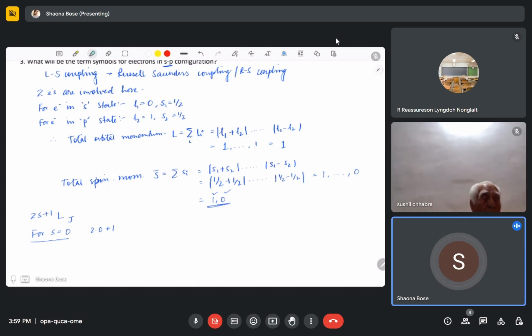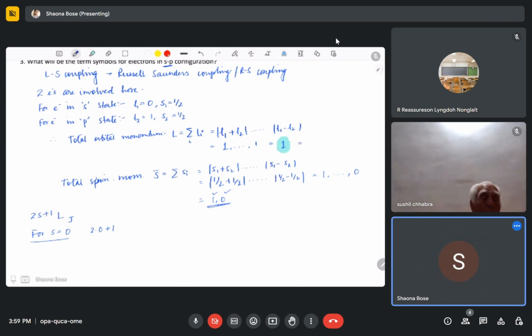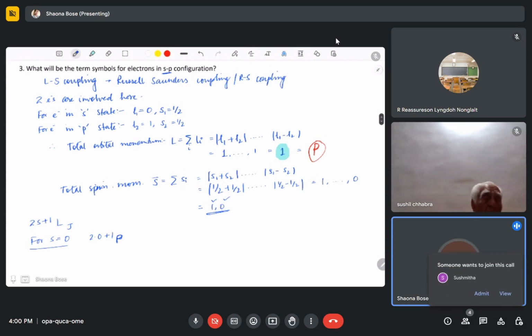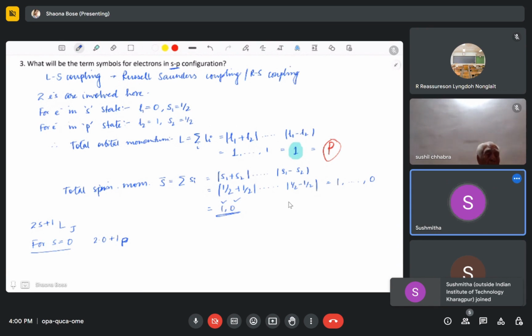The total orbital angular momentum we got is 1, right? L is equal to 1. So that means this is P. So I write P here, and J. And so what will be J?